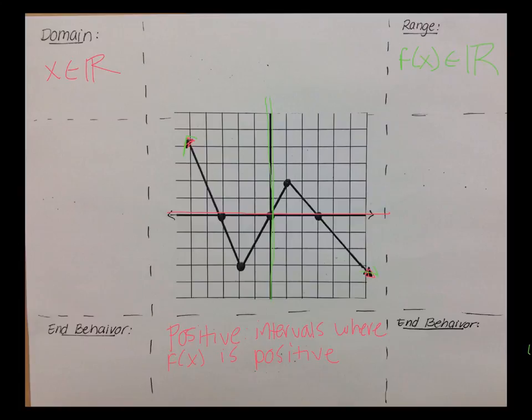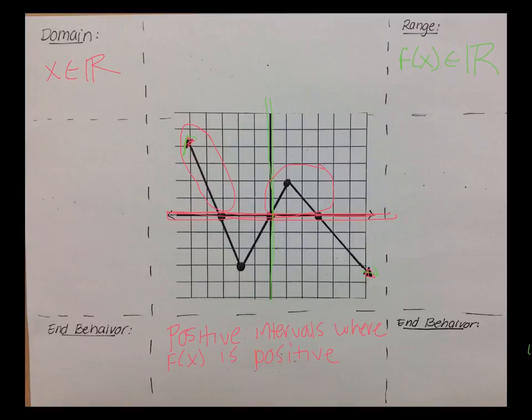So again, we're going to use our x-axis to help us determine that. That's our cutoff point. Everything above the x-axis has a positive f of x value. So here and here, all of these have positive f of x values.